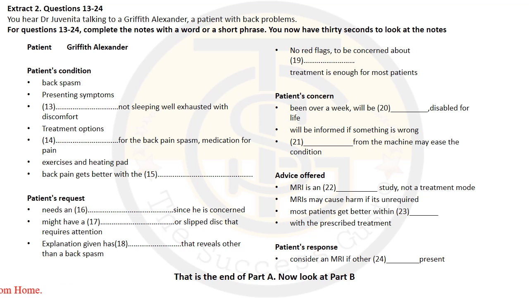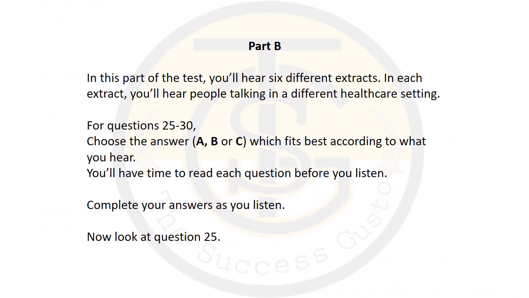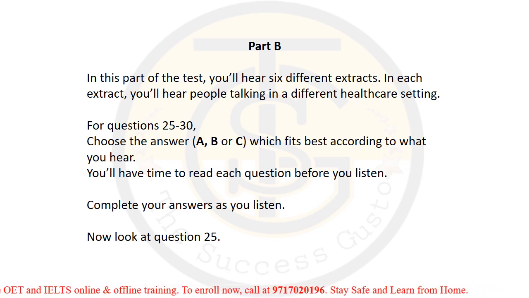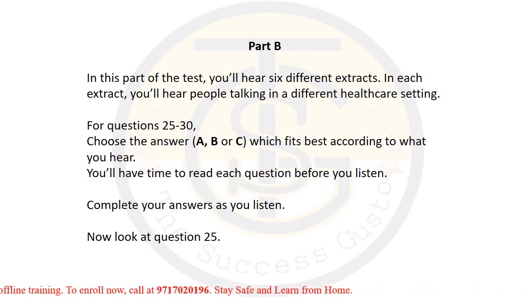That is the end of Part A. Now look at Part B. In this part of the test, you'll hear 6 different extracts. In each extract, you'll hear people talking in a different healthcare setting.